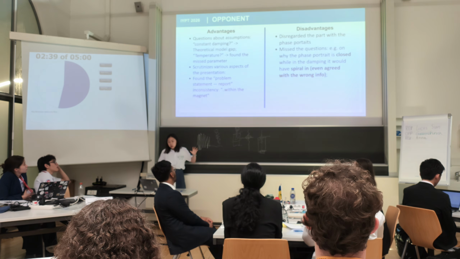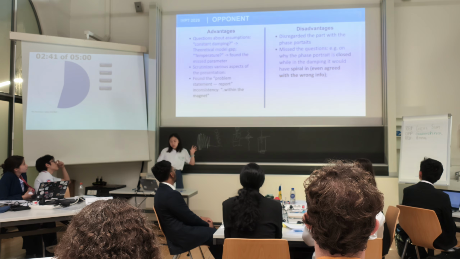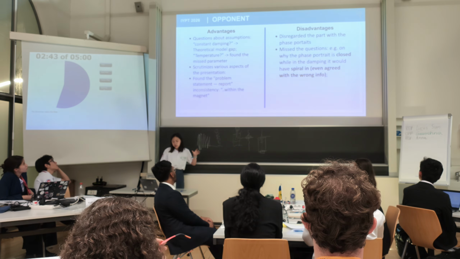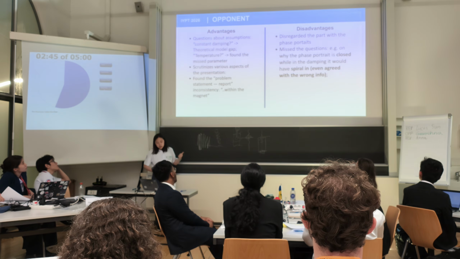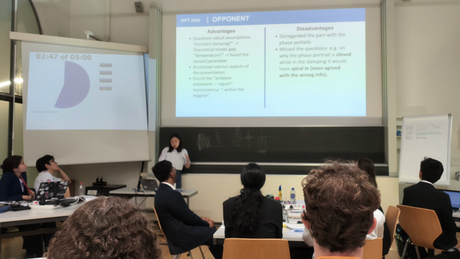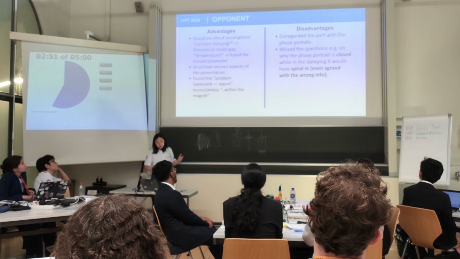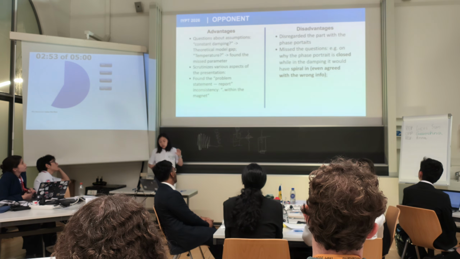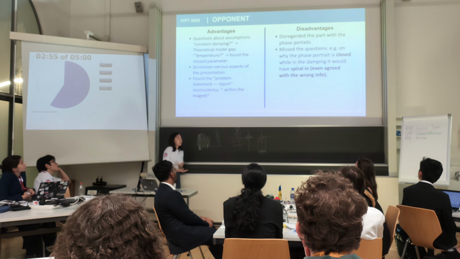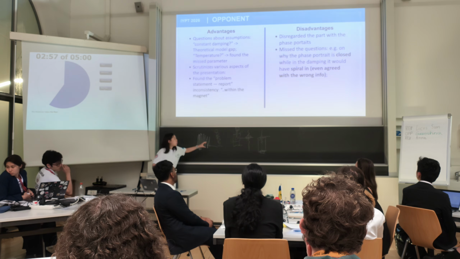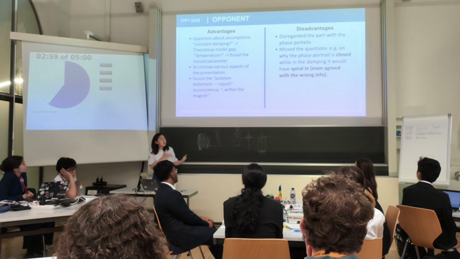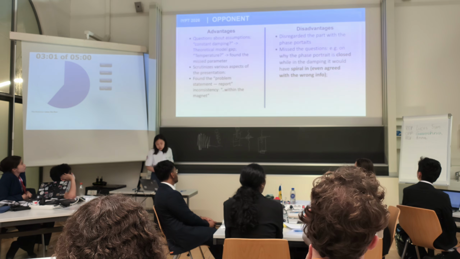So for the opponent, for the advantages, they questioned their assumptions. Their theory, they asked about the temperature and found the missed parameters. This was a solid part. They scrutinized various aspects of the presentation, including the hand release. Experimentally, they asked theoretical questions.